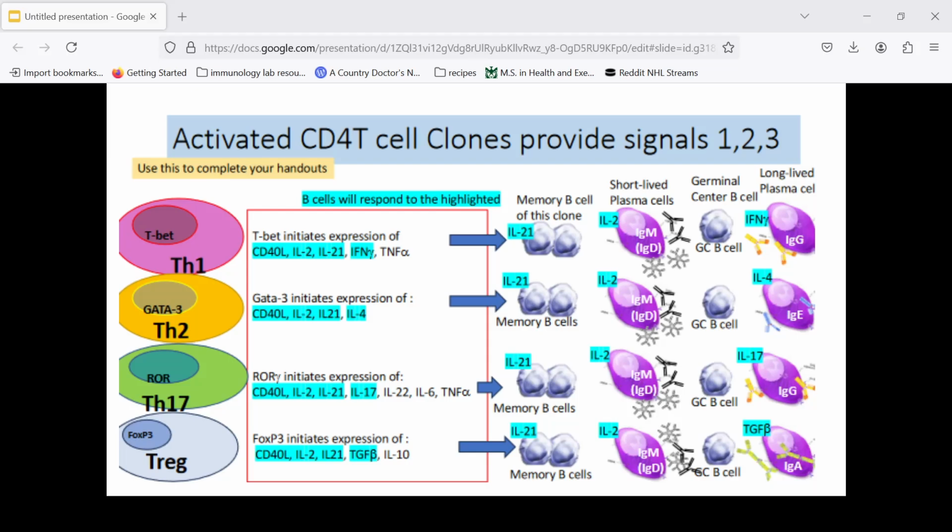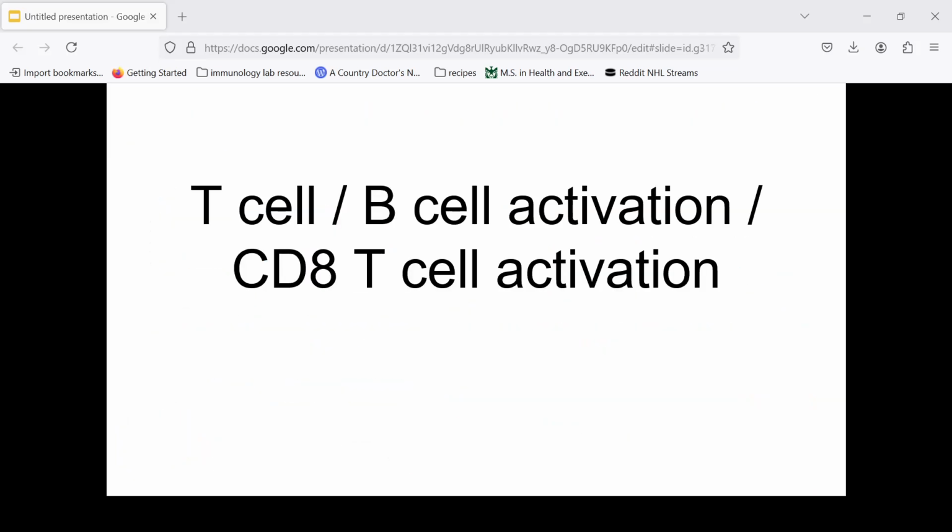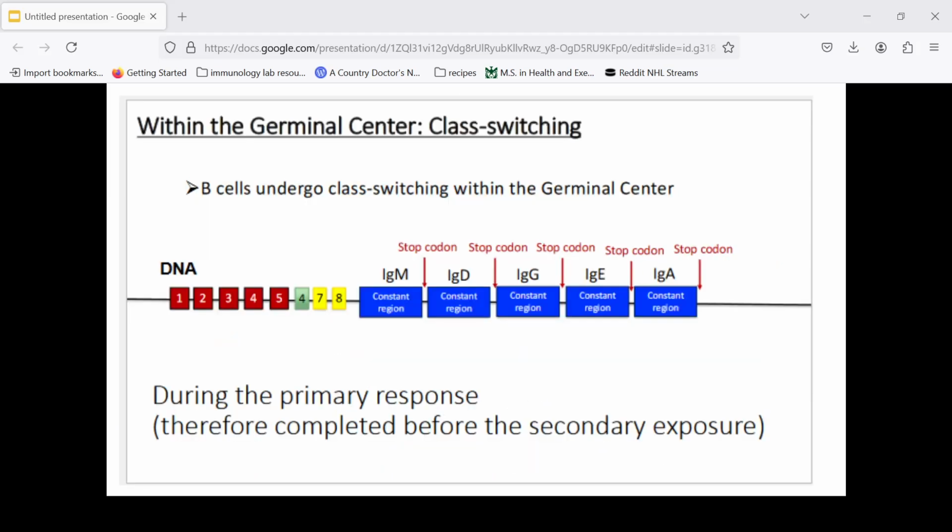I think I have this somewhere. Here it is. This process, the cutting of any in-between antibodies, starts once this guy's there.